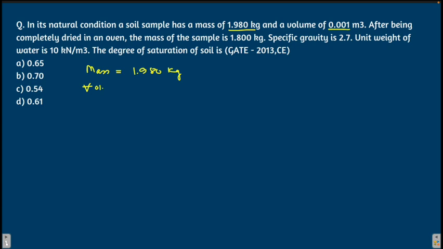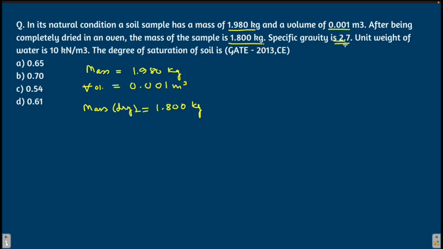The volume is given as 0.001 meter cube. After being completely dried in an oven, the mass of the sample is 1.8 kg. So the mass of the dry soil is given as 1.800 kg.